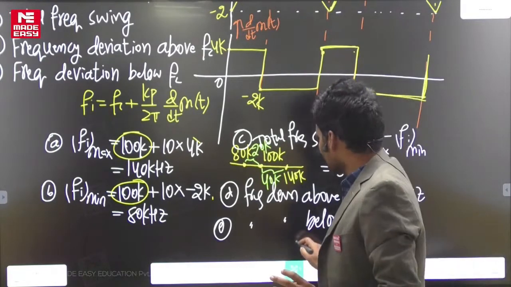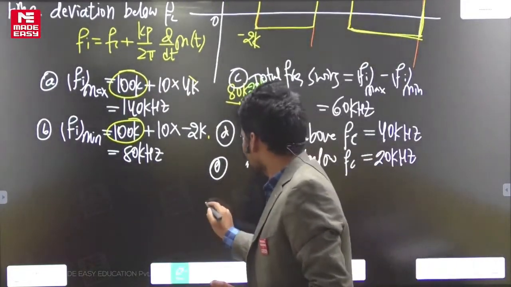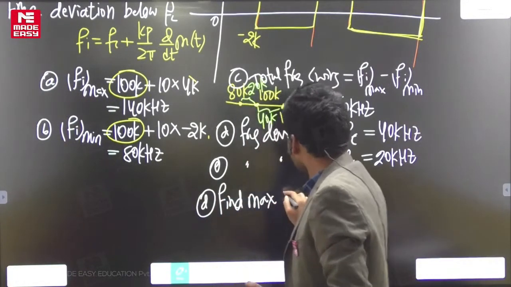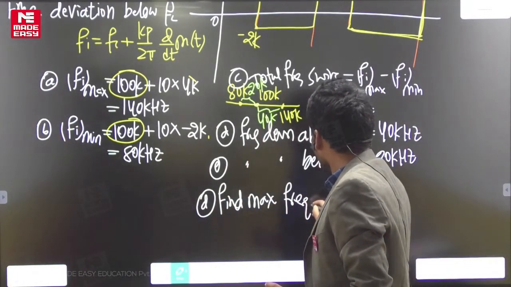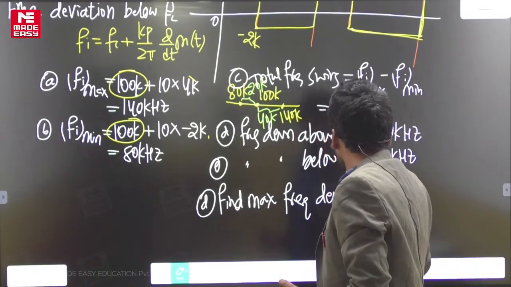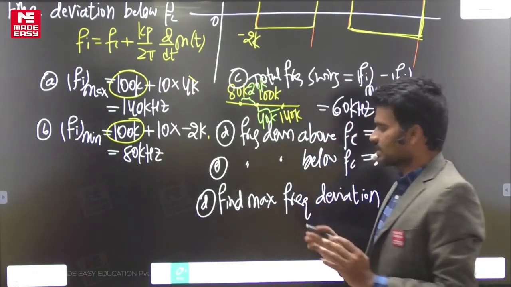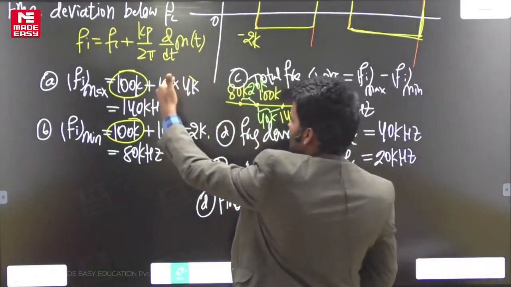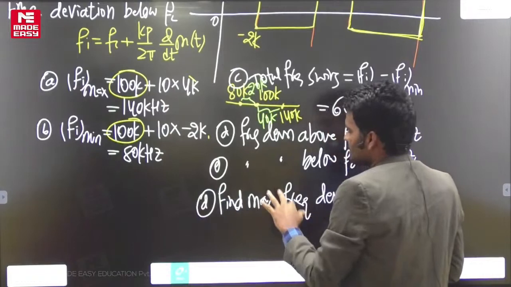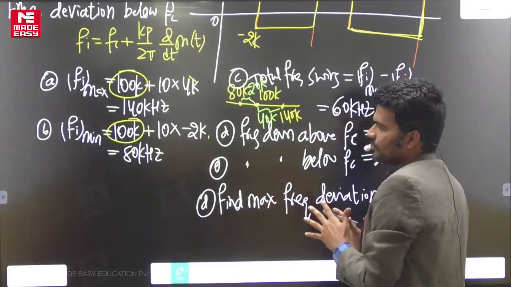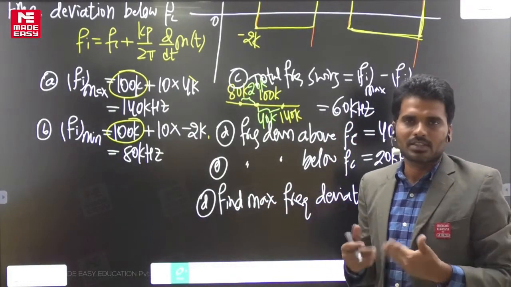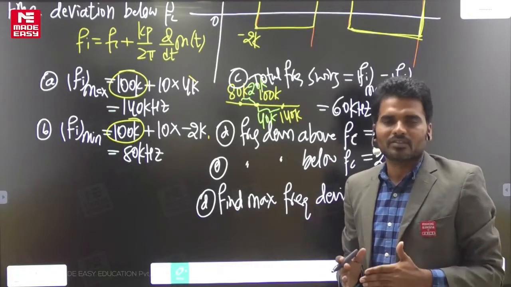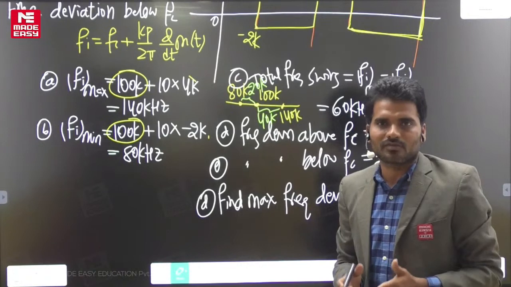And simply, if the question is find maximum frequency deviation, that can be above Fc, that can be below Fc. We don't mind here. We just have to find the maximum frequency deviation from Fc, in positive side or negative side.